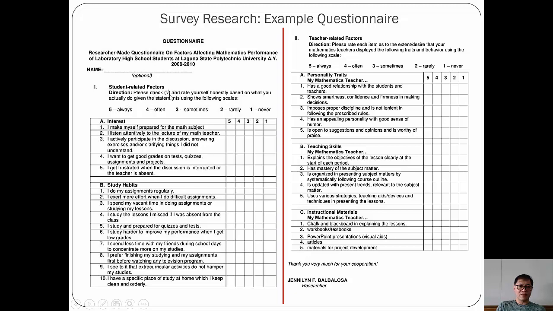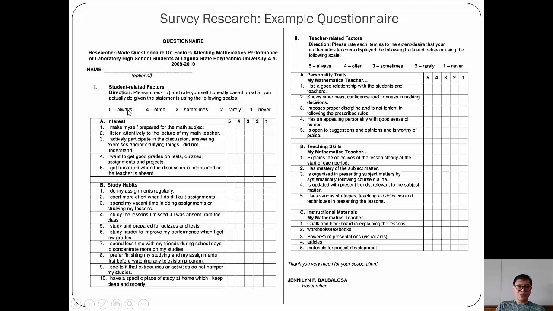Direction: please check and rate yourself honestly based on what you actually do, given the statement, using the following scales: 5 always, often, sometimes, rarely, and never. If you use this type of direction, you need a maximum and a minimum.